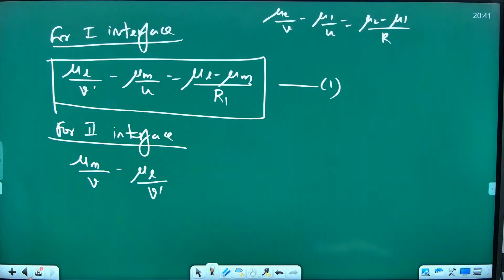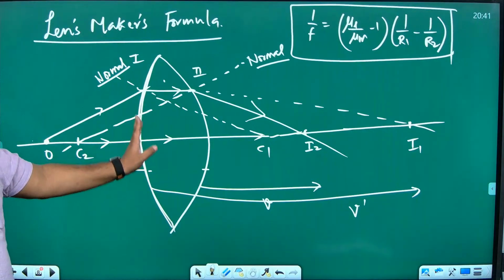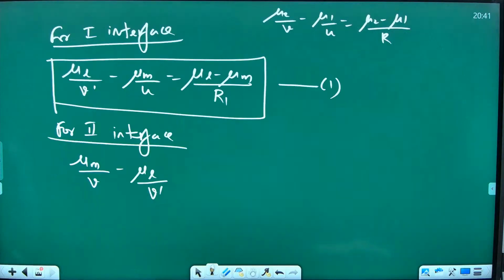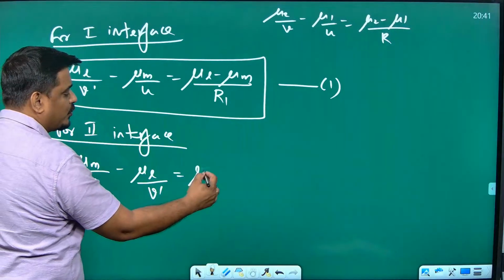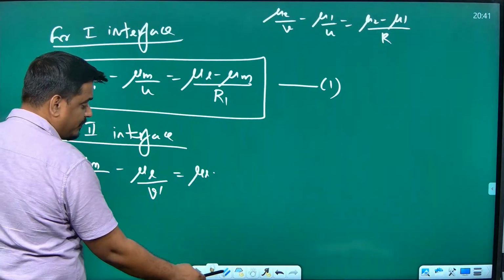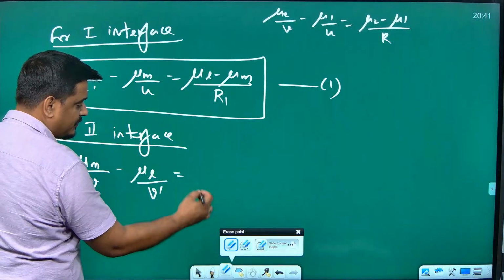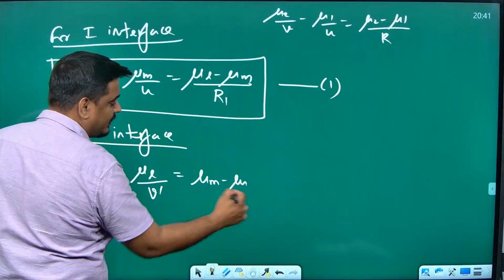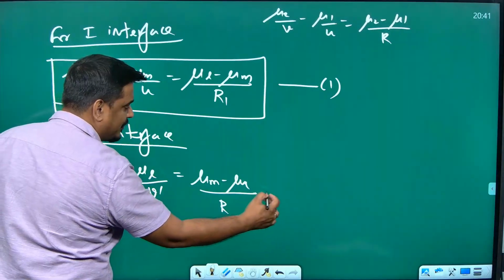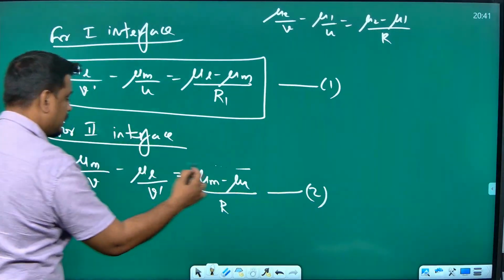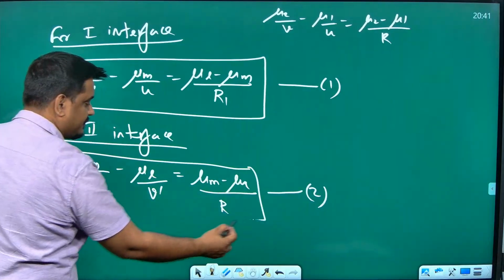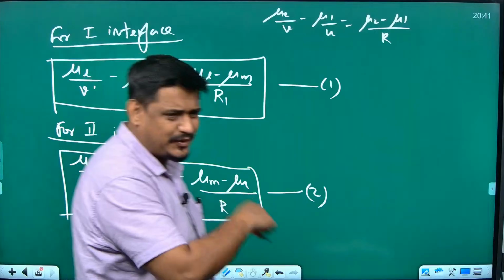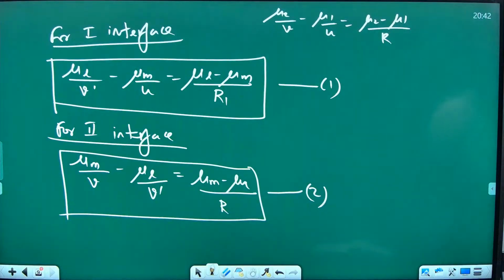I said for the second interface, this is the final image and this will be the object, is equal to mu m minus mu L by r2. Do you agree with me? Equation 2. Now what I will do, I will add both the equations. First you copy this, I will go to the next page.